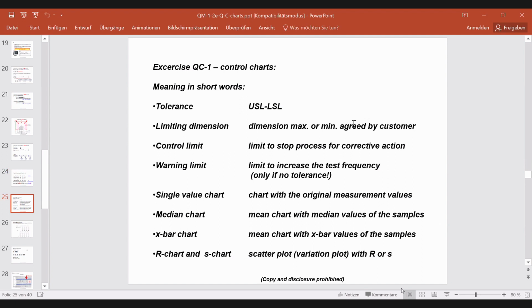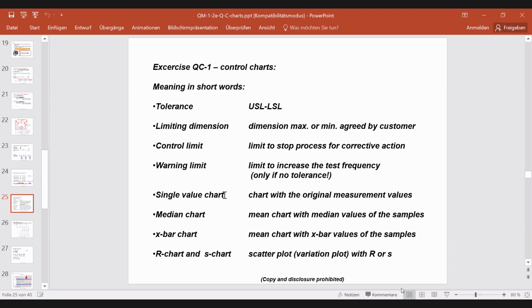It must be defined or agreed by the customer. The control limit is a limit to stop the process for corrective action, like I described a few sheets before. A warning limit is a limit to increase the test frequency, but the production keeps running. This is only if there is no tolerance.